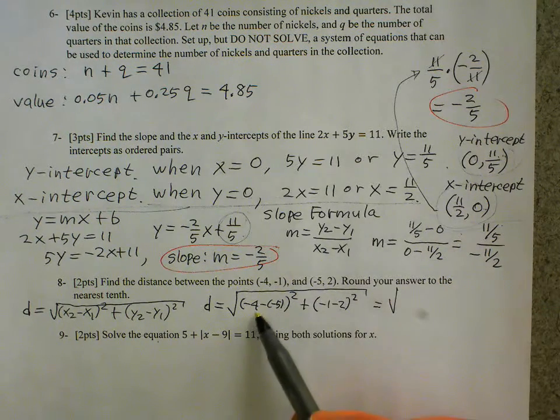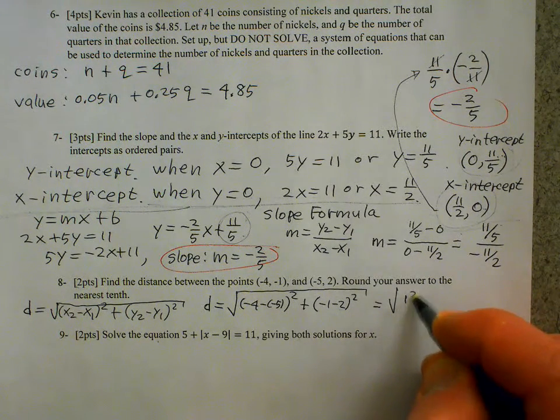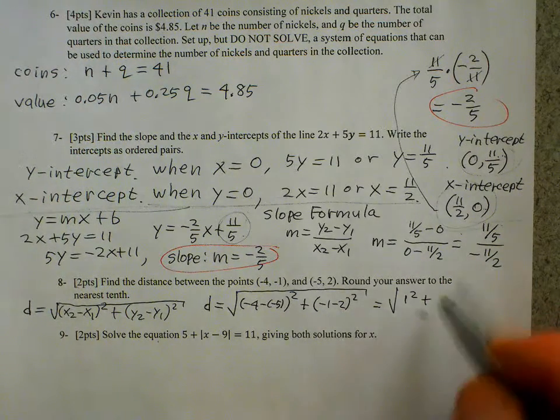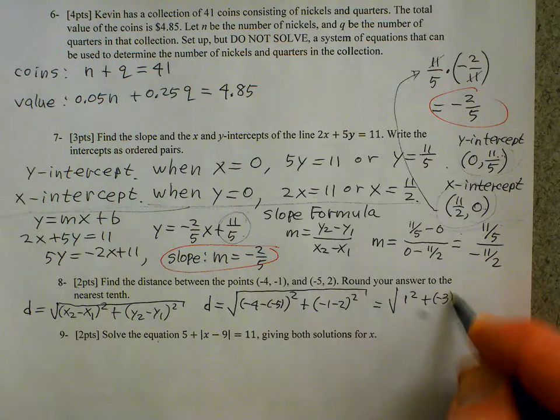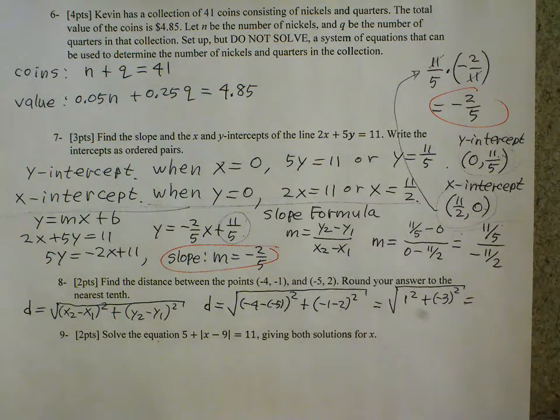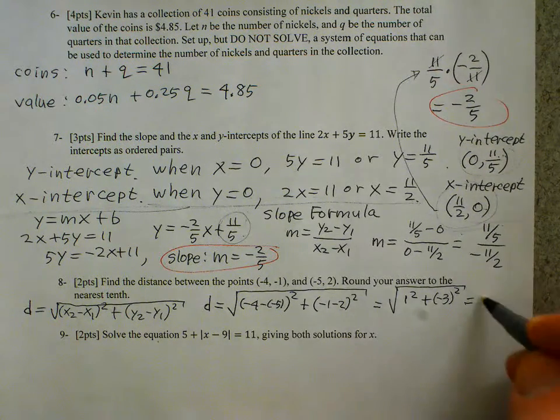So -4 minus -5, that's the same as -4 plus 5, which is 1 squared. -1 minus 2 is -3, so plus -3 squared. So -3 squared is 9, 1 plus 9 is 10, and so the square root of 10.